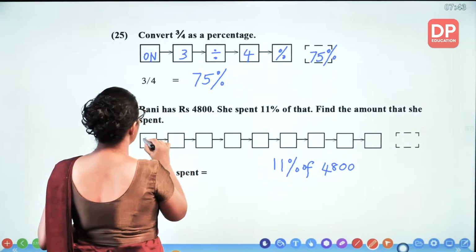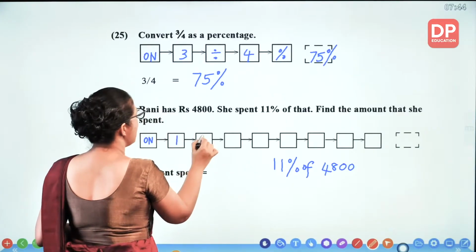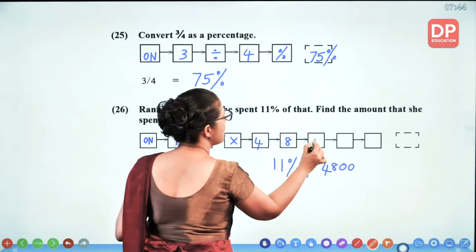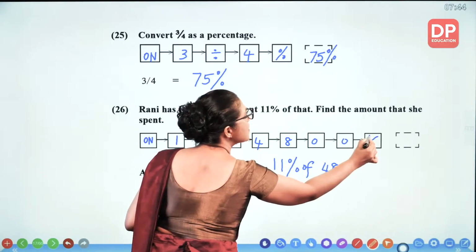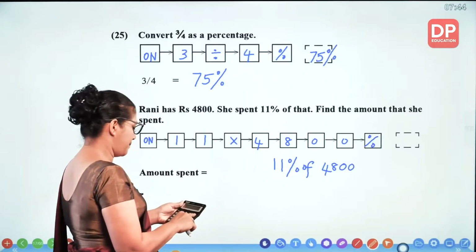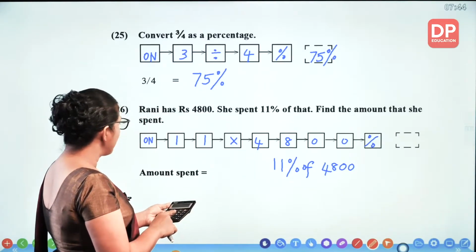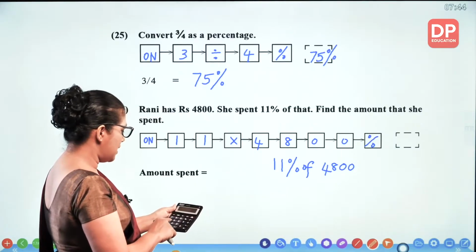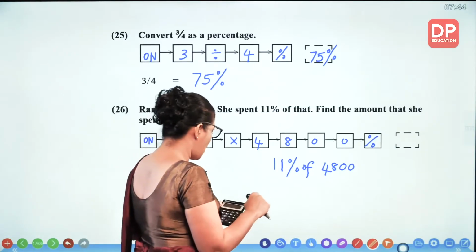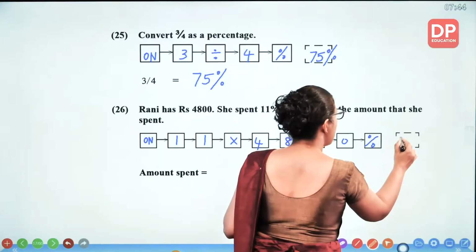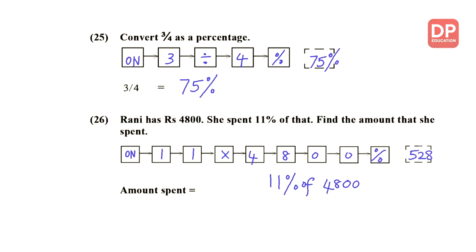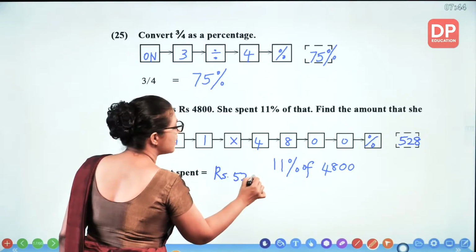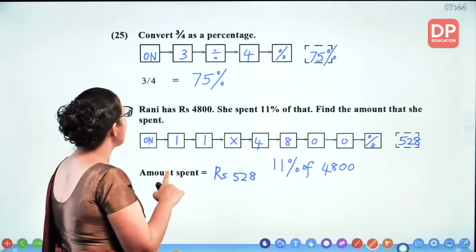Switch on the calculator, 11 multiplied by 4,800 and then press the percentage sign. You get 528. So Rani spent 528 rupees.